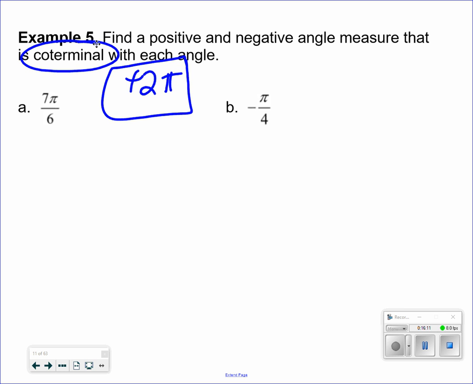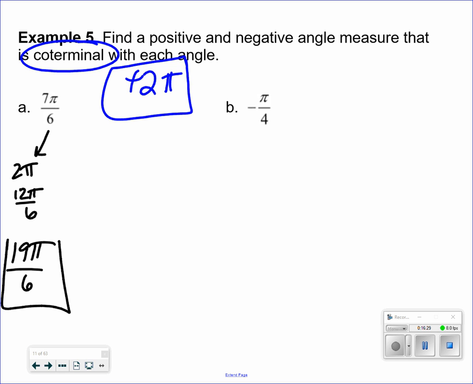So if I added 2 pi, now a little fractional work here. Getting a common denominator, 2 is 12/6. So a coterminal angle would be 19 pi over 6 because I added 2 pi and got a common denominator. So I'm going to subtract 2 pi, which would be the same as subtracting 12/6.